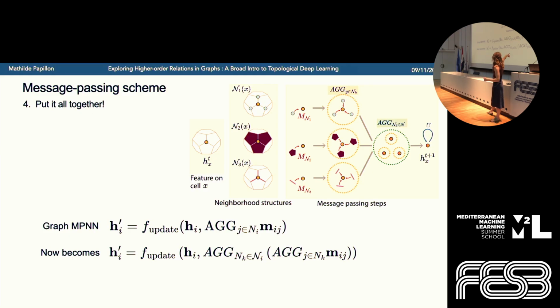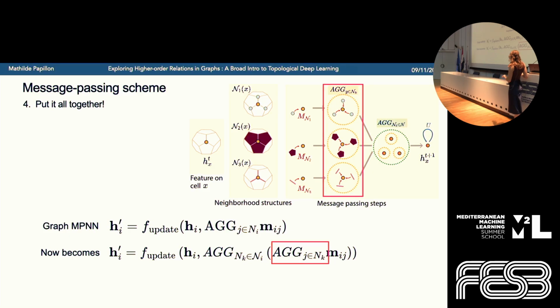Well, we've added an aggregation step because now we have multiple neighborhoods. And also, our message ij is not only between nodes i and j, it's between any cells i and j. And that's it. That is our official equation for what happens in a layer of a message passing topological neural network.